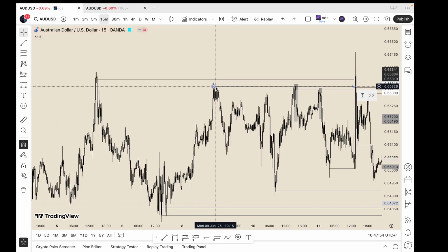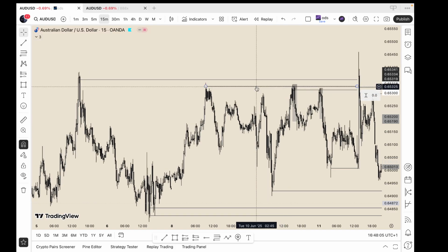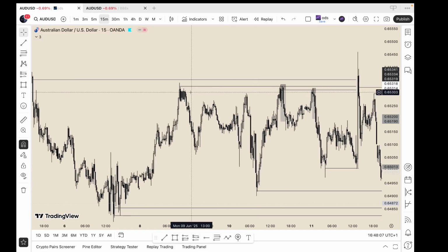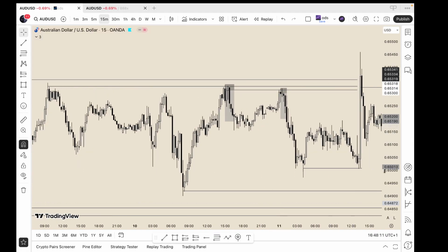We failed to meet it. We then broke lower, sweeping and breaking lower, creating lower lows, failing to break higher, and reacting out of this internal resistance, giving that lovely reaction and a successful trade.